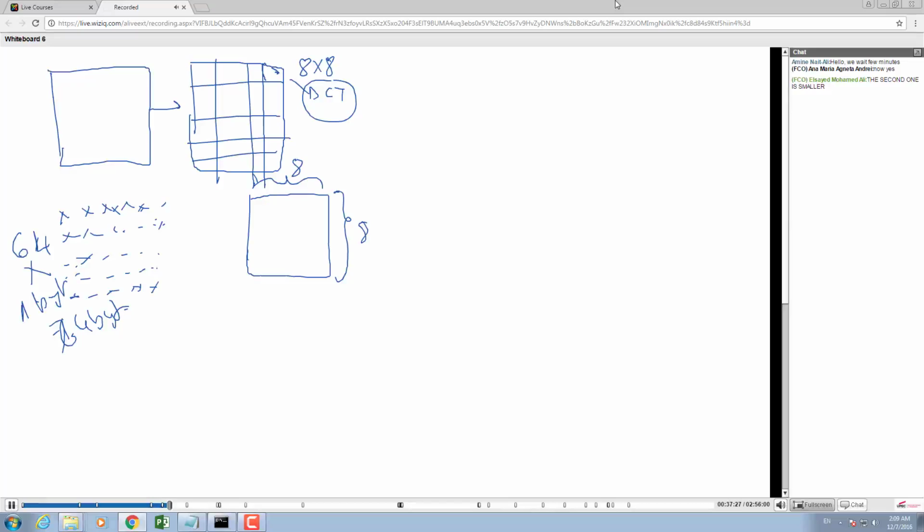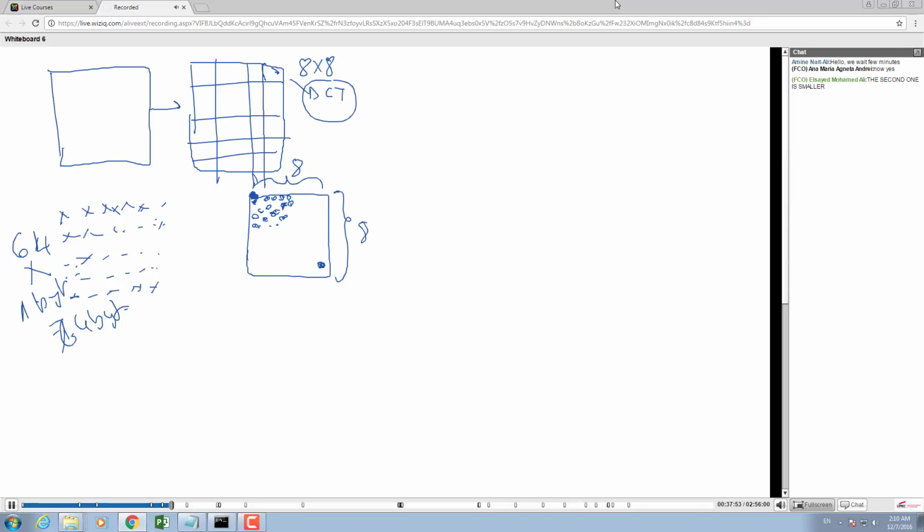So I will have 8 by 8, for sure. But if you analyze pixel by pixel, you will notice that the first pixels here will have a very important value compared to the pixels here. Why?